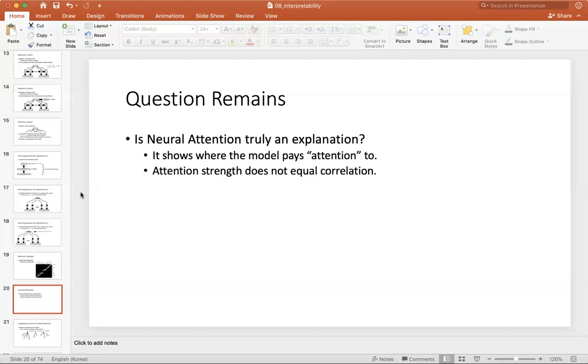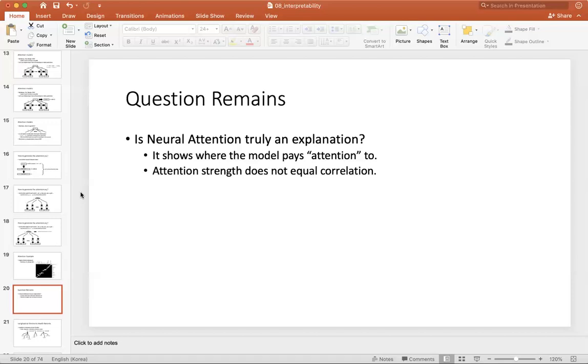It just means that something is useful in the specific time step. So it's definitely less of an explanation compared to logistic regression weights, but still it is something. It's some explanation, and people don't know exactly the nature of it, what does it truly explain?